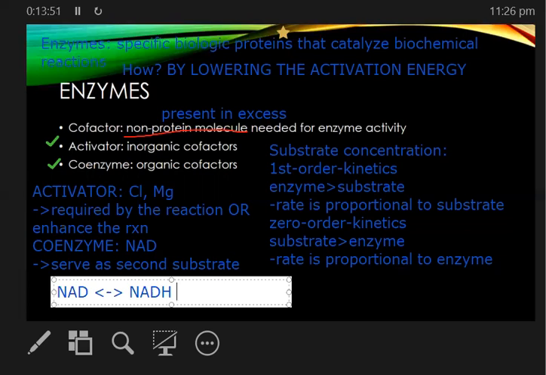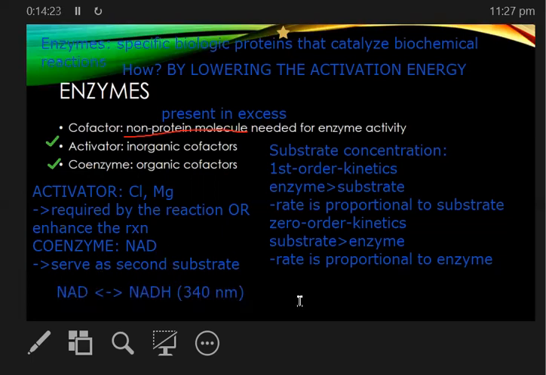Most of the reactions utilized for the determination of our enzymes involve the conversion of NAD to its reduced form, NADH. Why? This is because NADH has an absorbance at 340 nanometers. This is the reason why NADH is preferred over NAD.